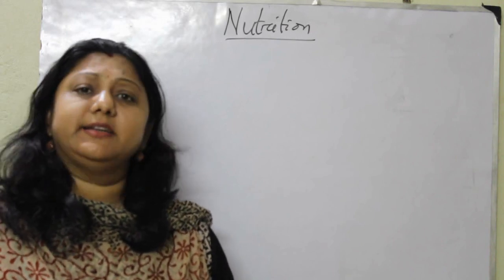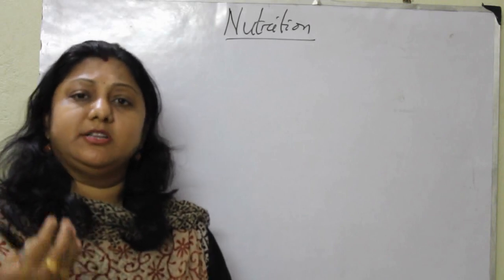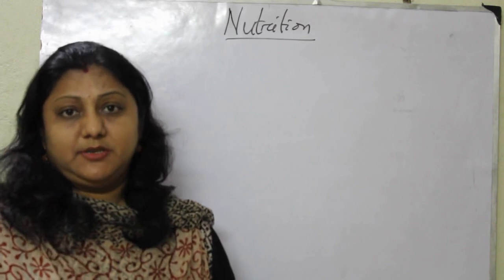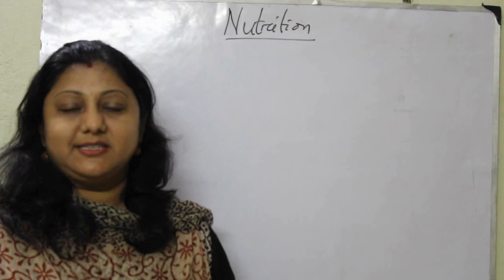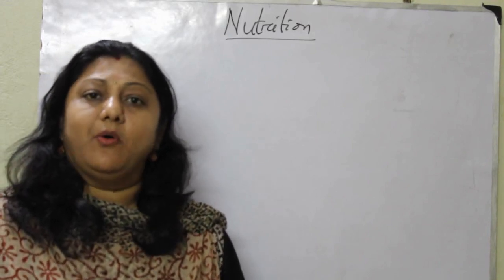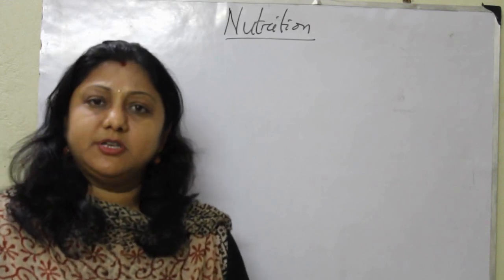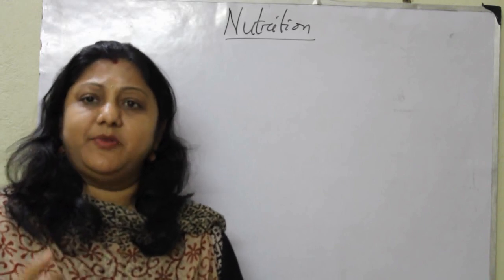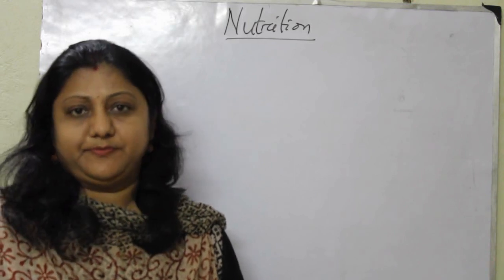The other category of organisms utilize the complex foods or complex materials prepared by other organisms, and they later break it down into simple substances. So there are different methods of nutrition, but the aim is fulfilled in both, that is to take in the food and utilize it to repair and maintain, to sustain life.